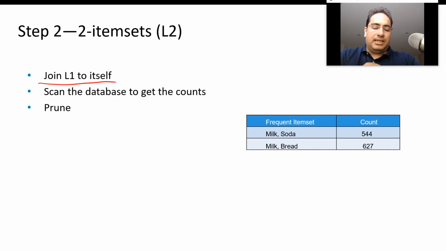So we join the L1 to itself, scan the database to get the actual counts, and then we prune it. And what we have here is that milk and soda were bought together 544 times out of 1,000, and milk and bread were bought 627 out of 1,000. So only these two made it to L2.